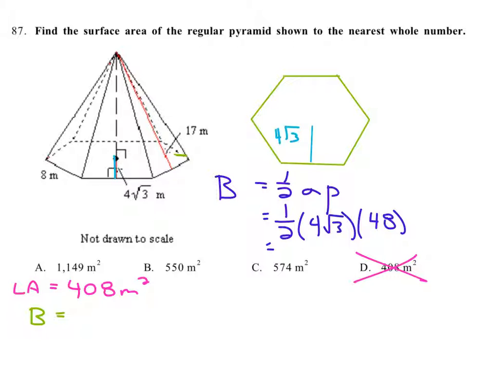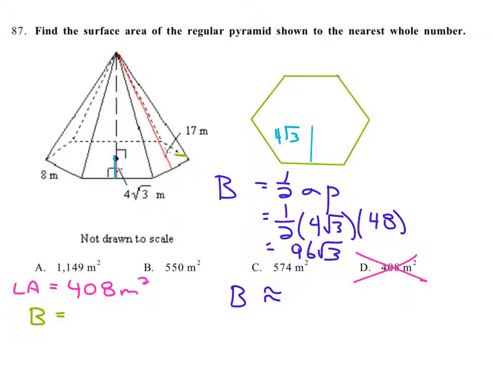So we then say, okay, then that is 96 root 3 exactly. Now, if we wanted to give this an approximate value, and because the lateral area was a whole number, we should round this off to a whole number too.